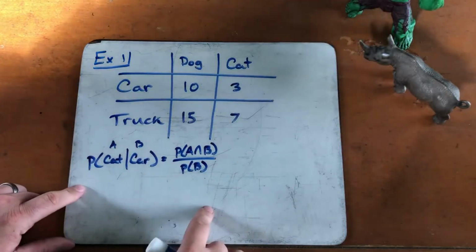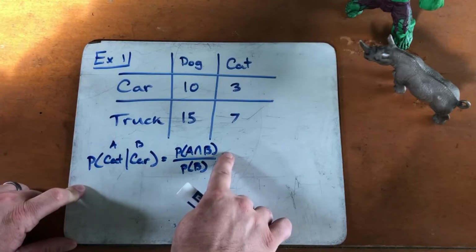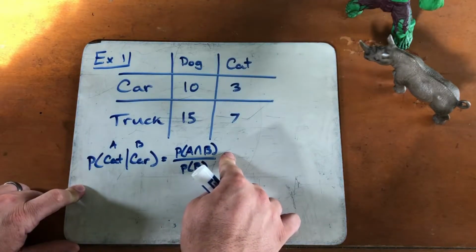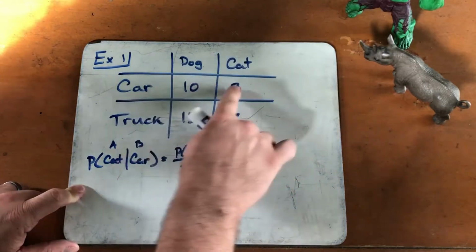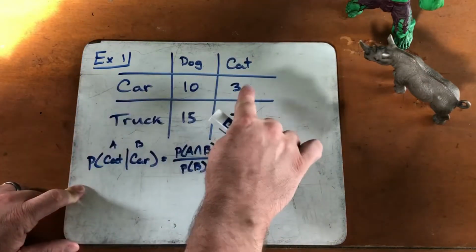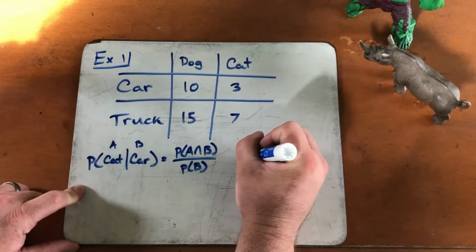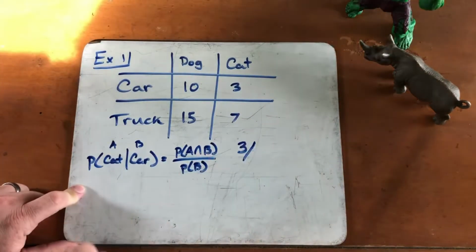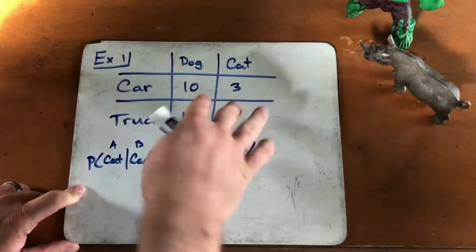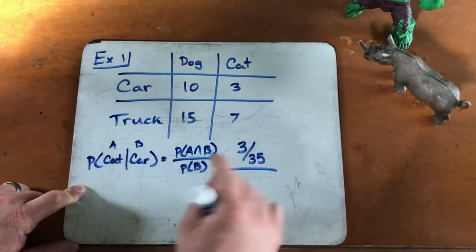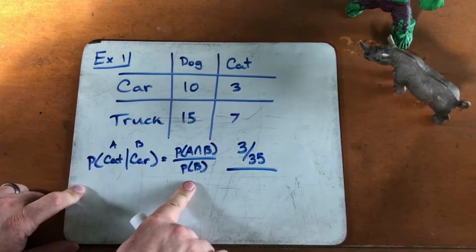The probability of A and B is the probability that someone owns a cat and a car. There's three people that own a cat and a car, so that's 3 over the total number of people to choose from, which is 35. Divided by the probability of B by itself.